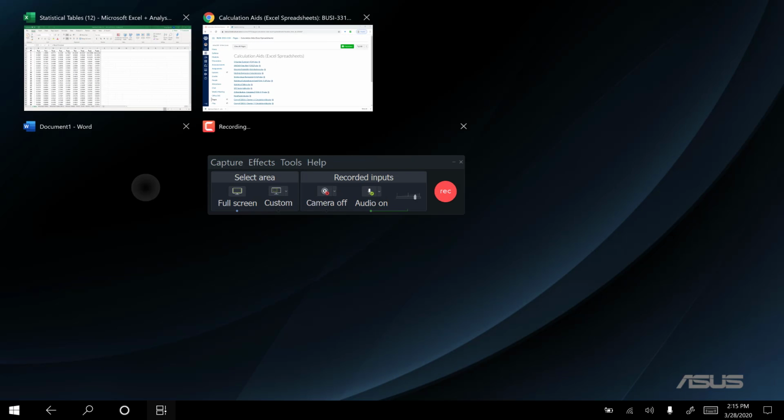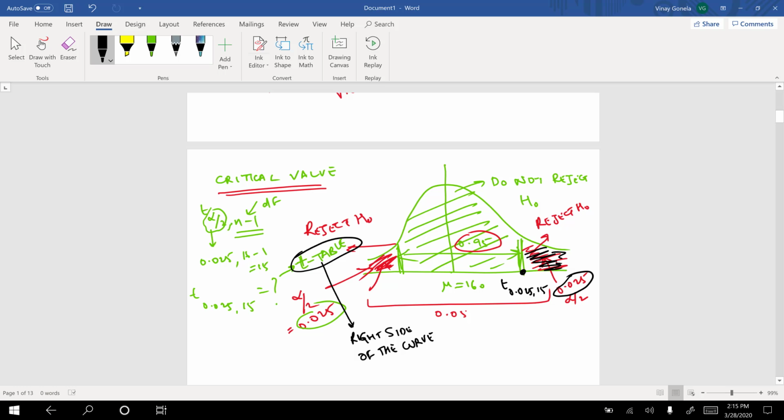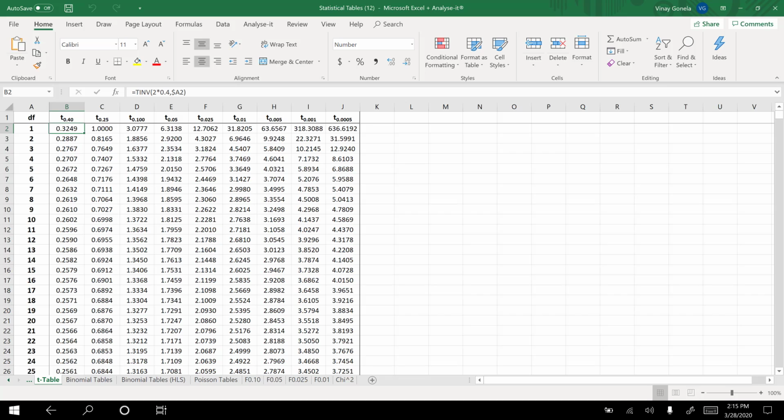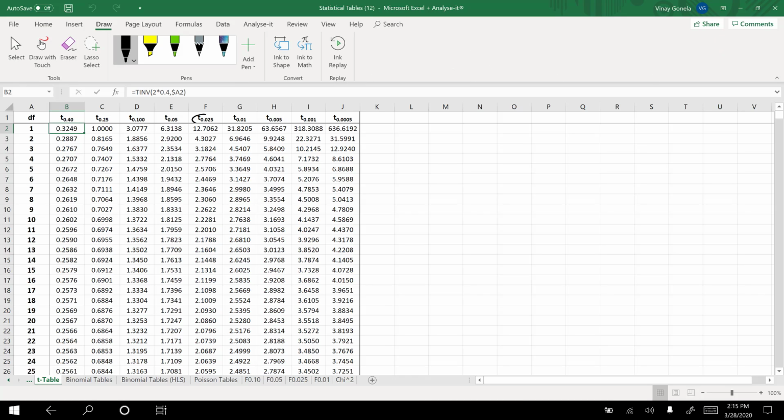So let me cross check. I am looking for t 0.025 and the degree of freedom is 15. So in our t table, t 0.025 is this one, and degree of freedom 15 is this one. So our value will be 2.1314. So that is our critical value.